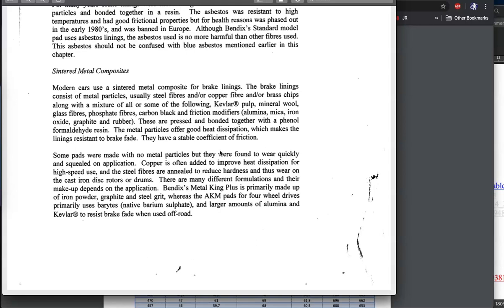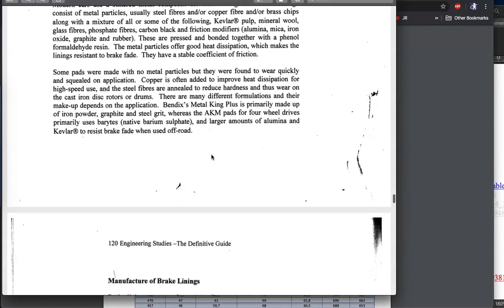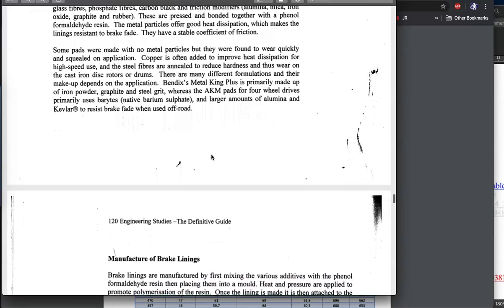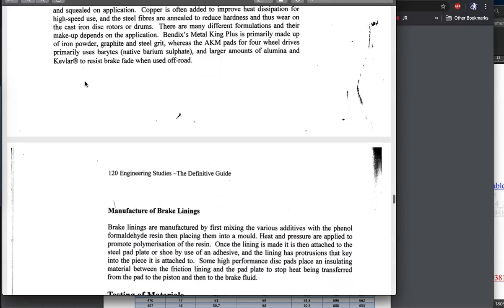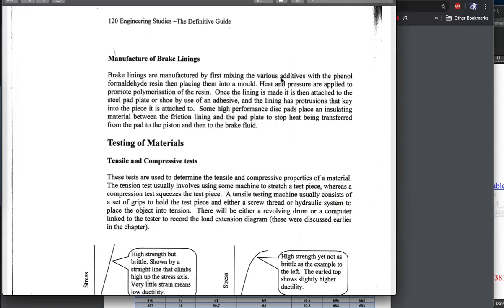Okay, so like we said here, sintered metals can be fused together with phenyl formaldehyde resins. Very good heat dissipation. We've already talked about metal brakes as above, and they can use Kevlar, which we said is polyamide, and alumina as part of a composite material.